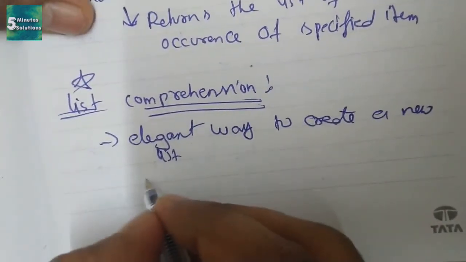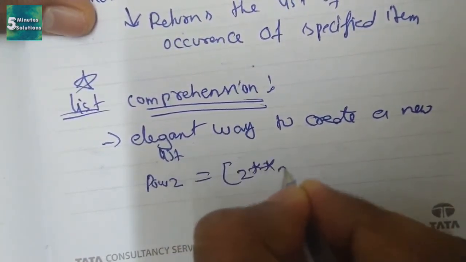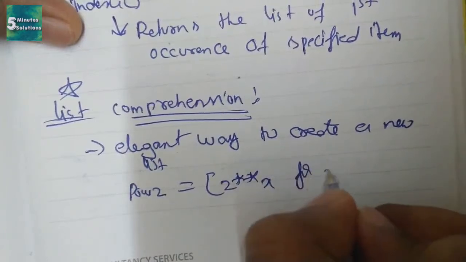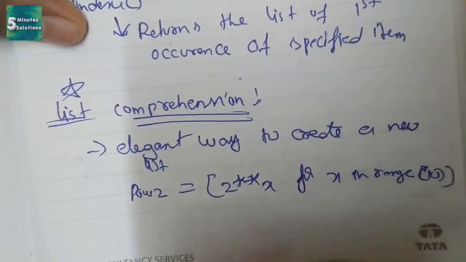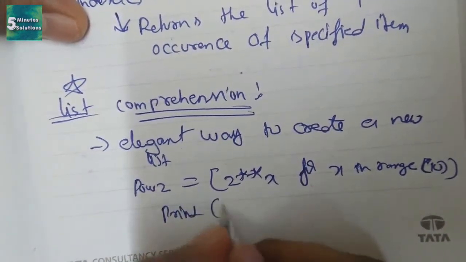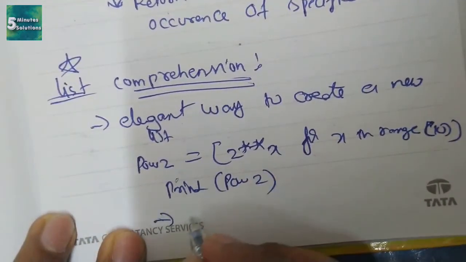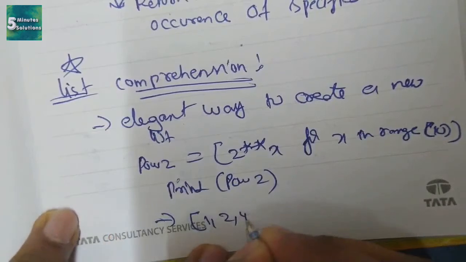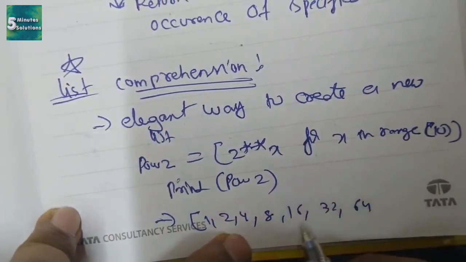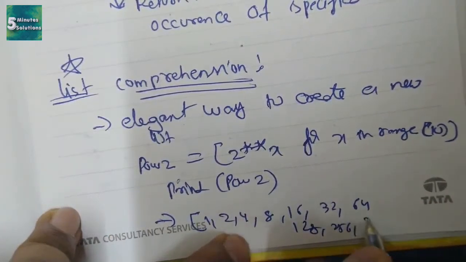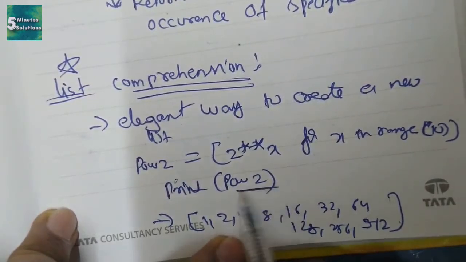Let's take po2 equal to 2**x for x in range(10), and print po2. The output will be 1, 2, 4, 8, 16, 32, 64, 128, 256 and 512, because it gives all the powers of 2.